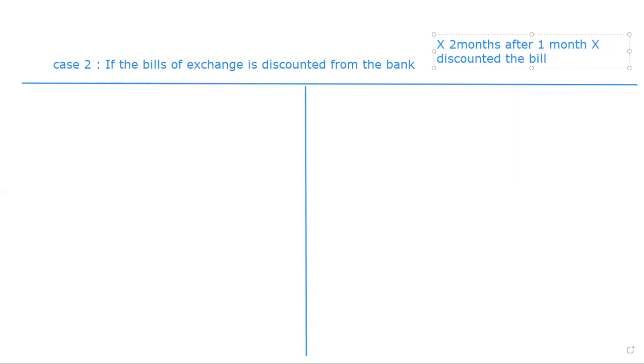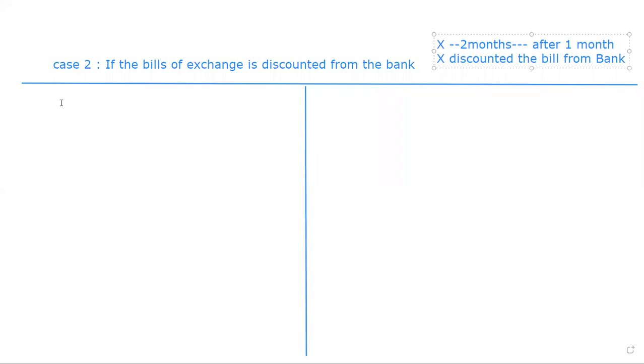So what happens in that case if the bill is discounted? Suppose X drew a bill for 2 months. After 1 month, X discounted the bill from the bank. This will be our second case.